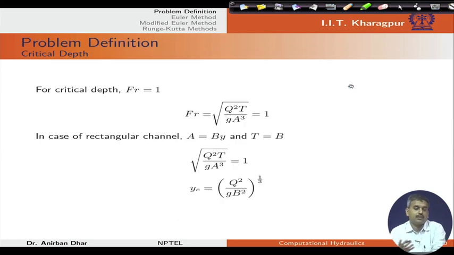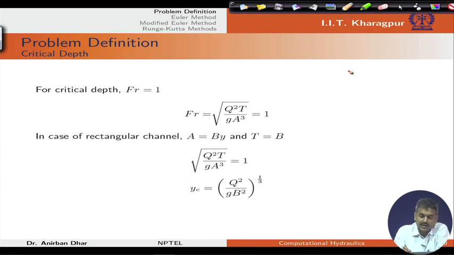From our problem definition, we need to find out the nature of the flow. In gradually varied flow, we can classify the flow based on two flow depths. One is critical flow depth, another one is normal flow depth.